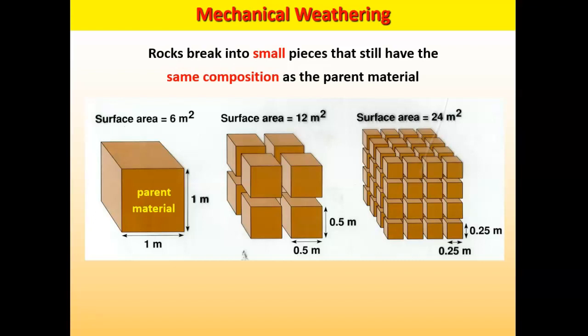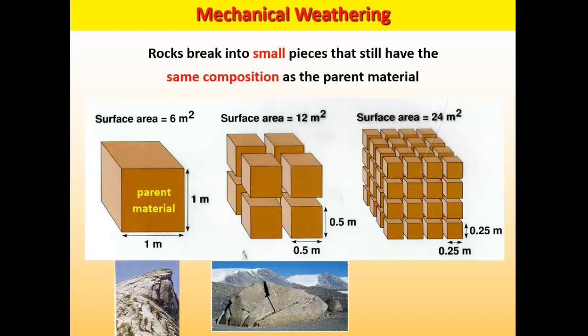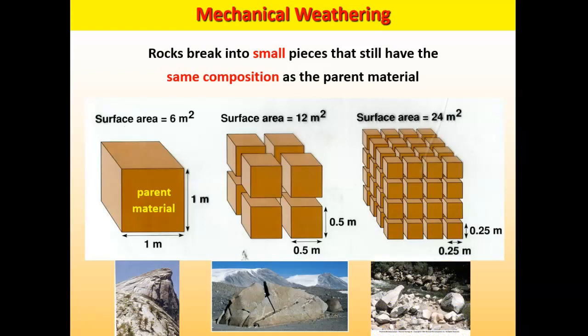So now the chemical process can attack more of the large rock or outcrop and start to break it down. And then of course that exposes more surfaces. As we make smaller and smaller pieces, we can increase this weathering process, because now we have this tandem of mechanical weathering and chemical weathering being very efficient as they work together. So that's all that little diagram is trying to illustrate to you.